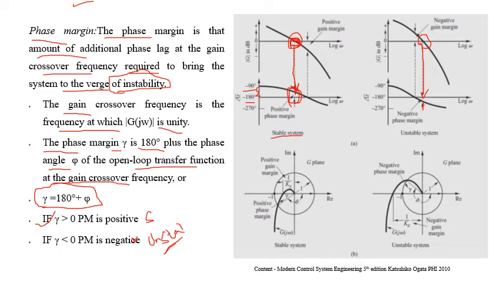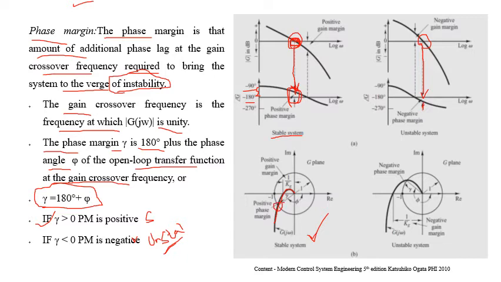Now look at the Nyquist plot of the stable system, that is this one. We are looking for the intersection of the Nyquist curve or the polar plot with the -1 plus J0 circle.